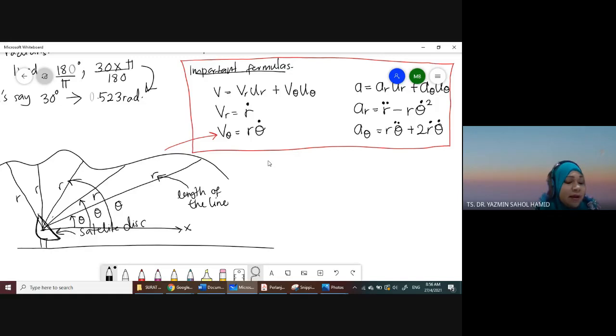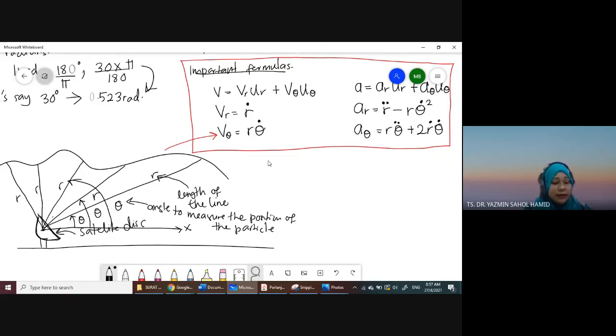And then theta is the angle, used to measure the position of the particle. So this is just an example for you.